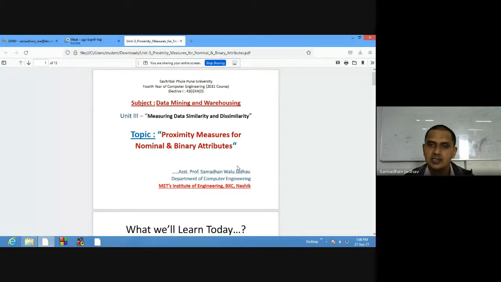In this lecture, we want to understand how we can measure the similarity or dissimilarity between objects. Now, if two objects are 50% similar, then what is the dissimilarity between them? It is 1 minus 0.5. If they are 50% similar, they are 50% dissimilar. If two objects are 75% dissimilar, what is the similarity value?